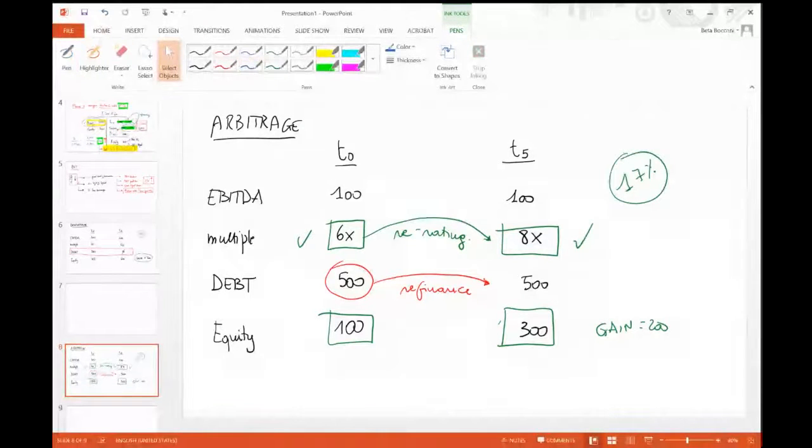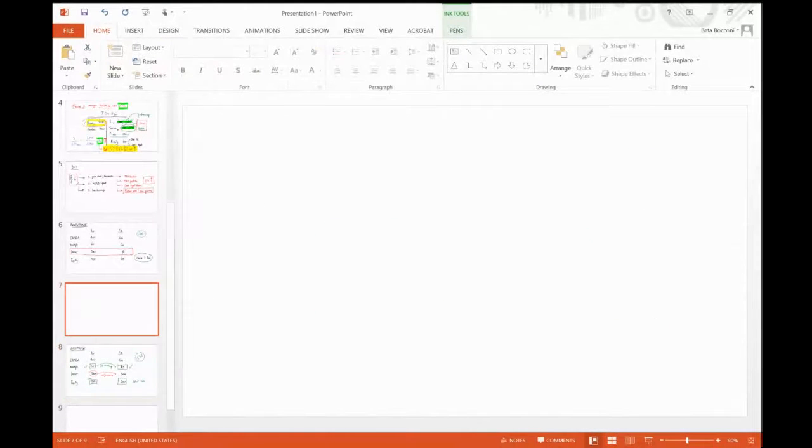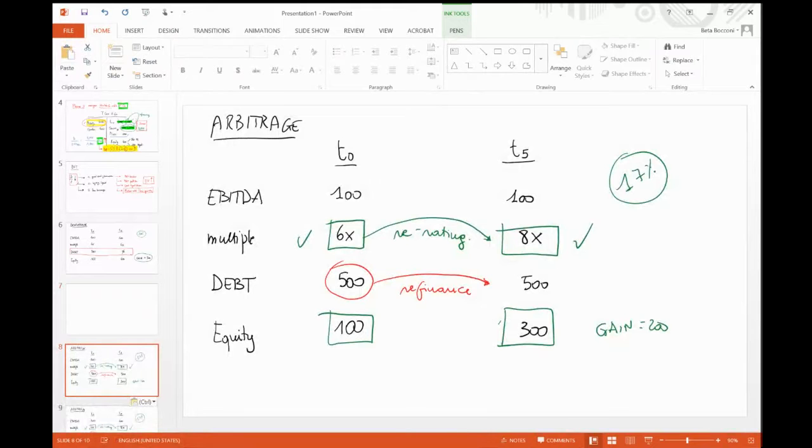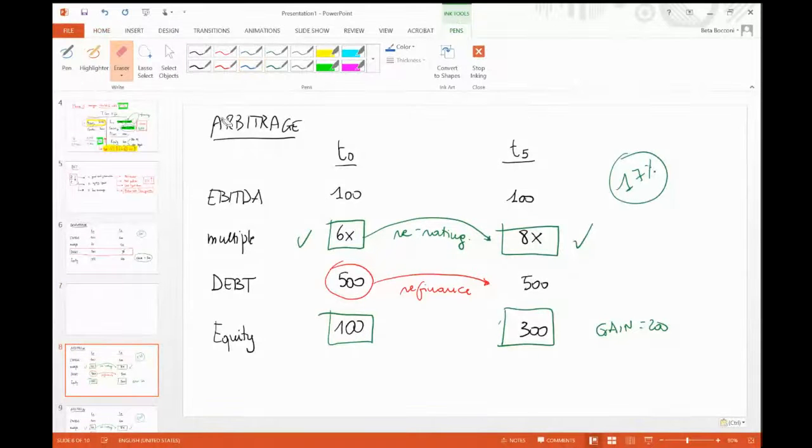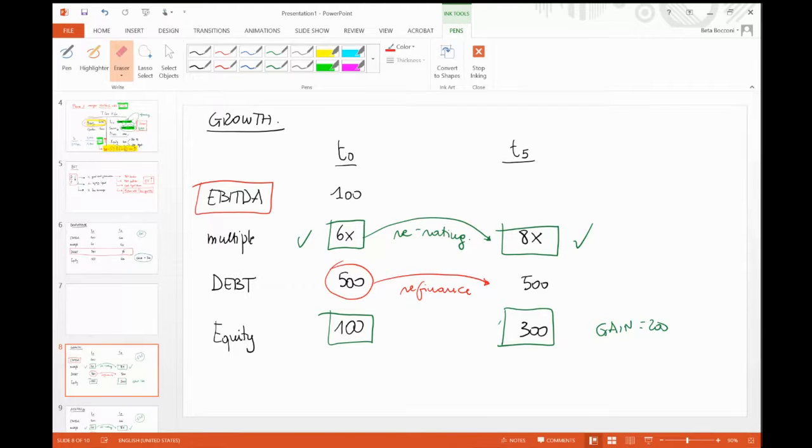Let's go back again to our example. With the strategy of growth, the story changes. Because now what you want to do is to intervene in the industrial strategy. And so your objective will try to be a lift up of the EBITDA margin. I don't care about the re-rating of the sector.